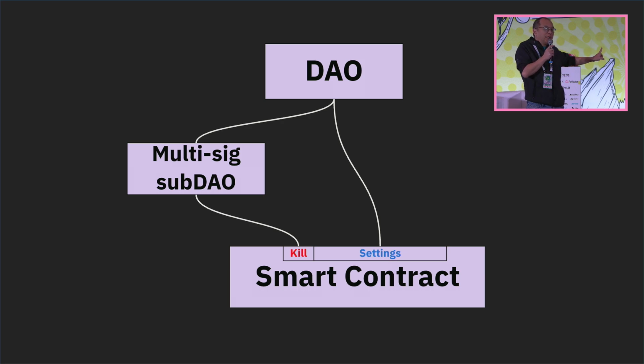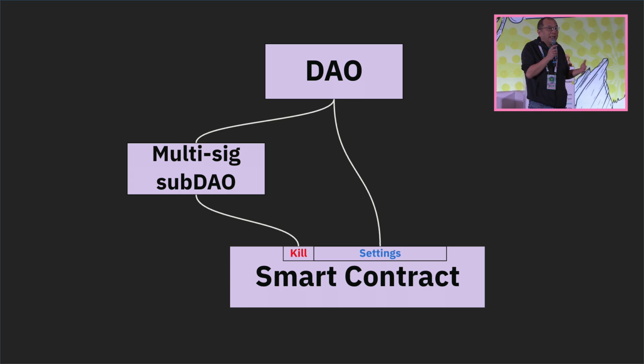You need a separate owner for the kill switch, because guess what? When you do the proposal and vote, normally 7 days, maybe you do 3 days or 1 day. But for regular DAO governance, you do want to give the voters enough time to discuss and reflect and vote. So you don't want instant voting.